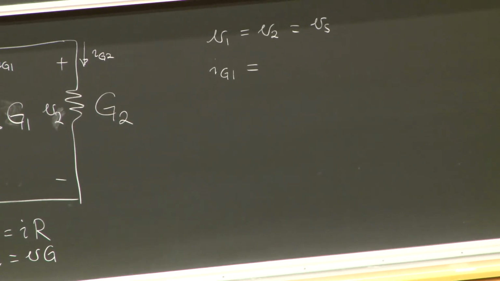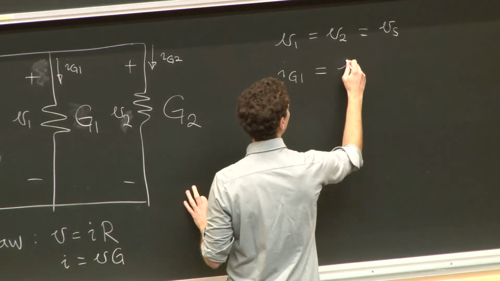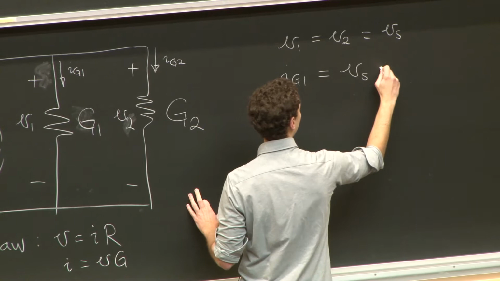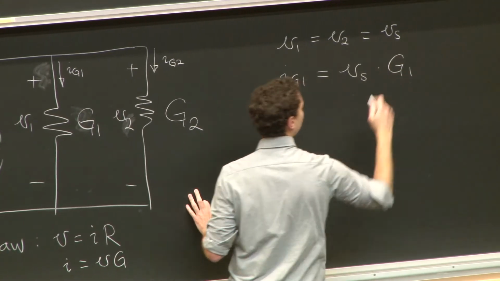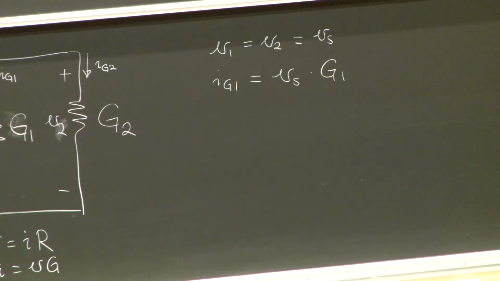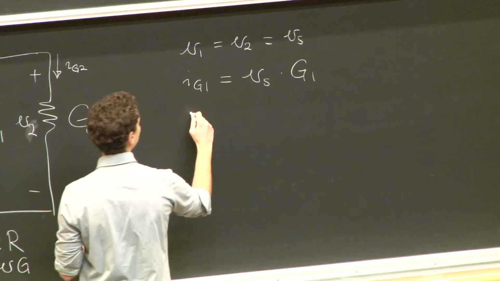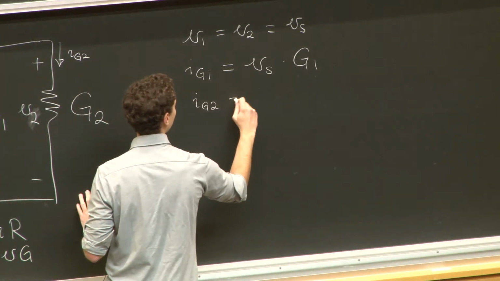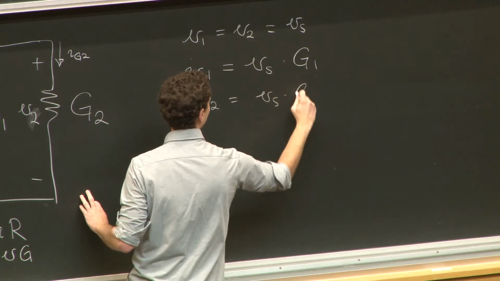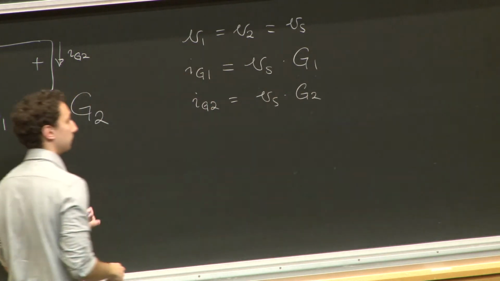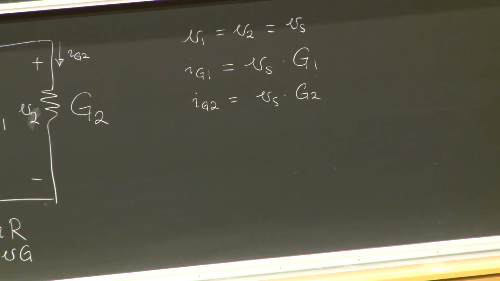Okay? So I can do that here. And I'm going to do the same thing for the other one. Clear to everybody? It's almost the exact same procedure that I did for the last one, right?